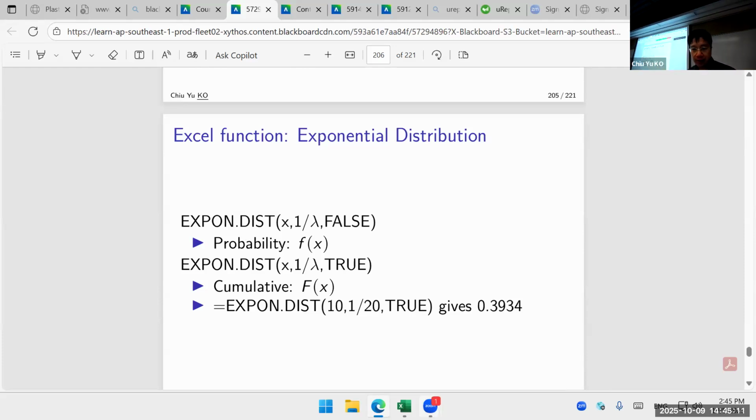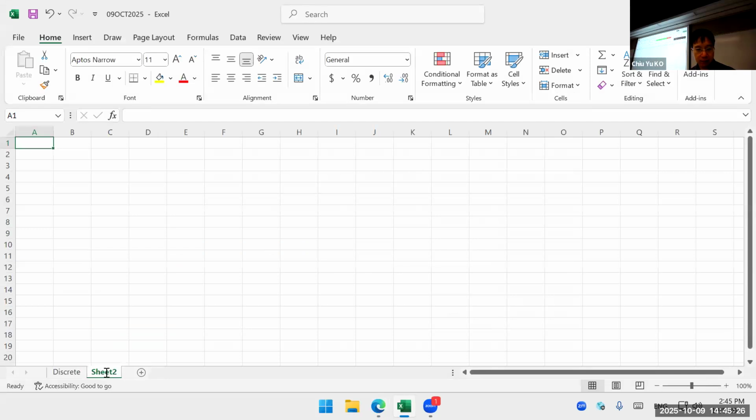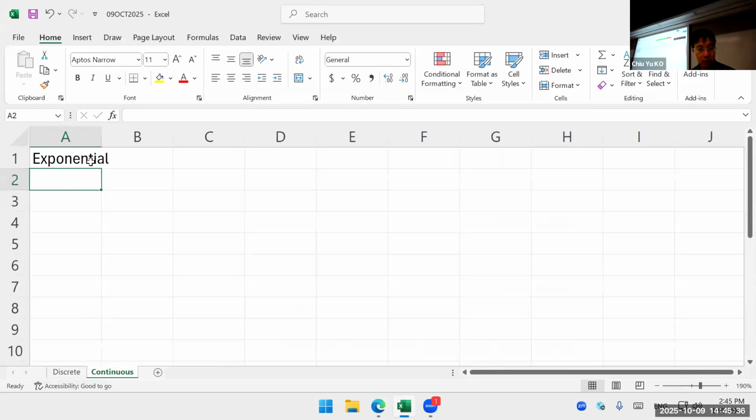So let's remember this question. You have 20 minutes for each one to come, and this is the first 10 minutes. This is exponential. We have a lambda.